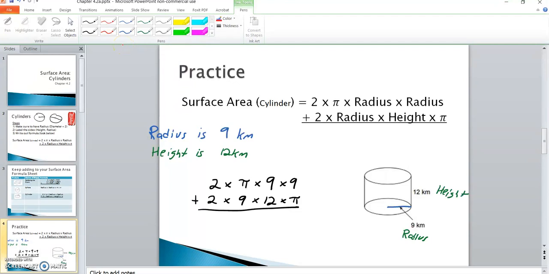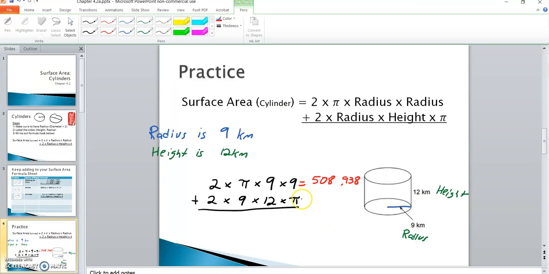So I'd like you to get out your calculator and type in 2 times pi times 9 times 9, and then hit equals. And you should get 508.938.